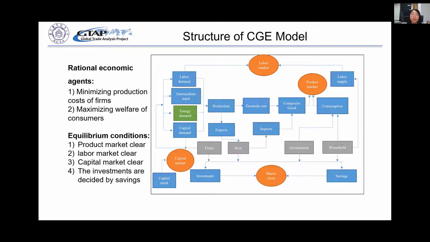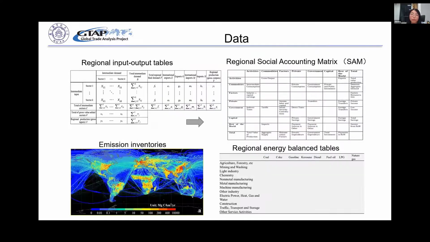As we know, for environmental policy analysis, the computable general equilibrium model is one of the most useful tools, since it integrates energy use and emissions released with economic activities to reflect the dynamic interactions between the economy and the environment. Thus, we first built our own 30-region CGE model.